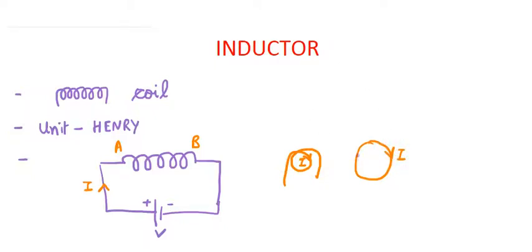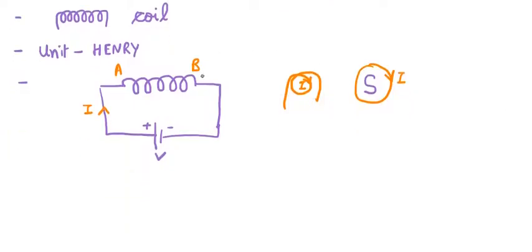So this end can be considered as south pole of a magnet. And from the end B, current will be in anti-clockwise direction. So this would be a north pole of the magnet.